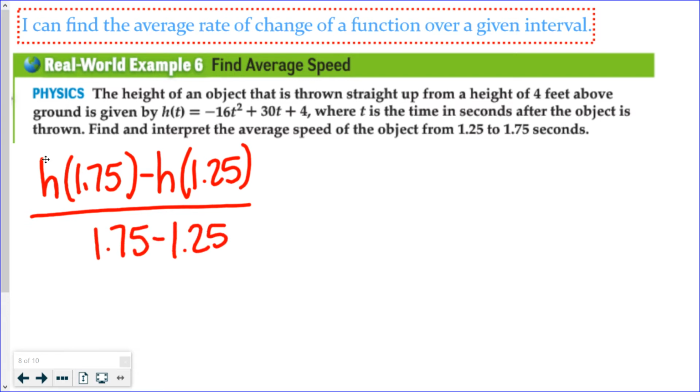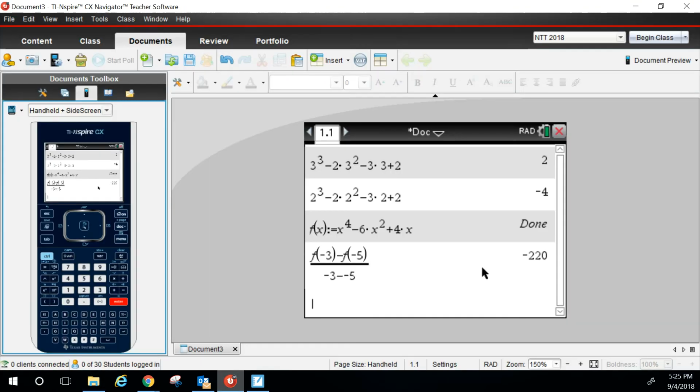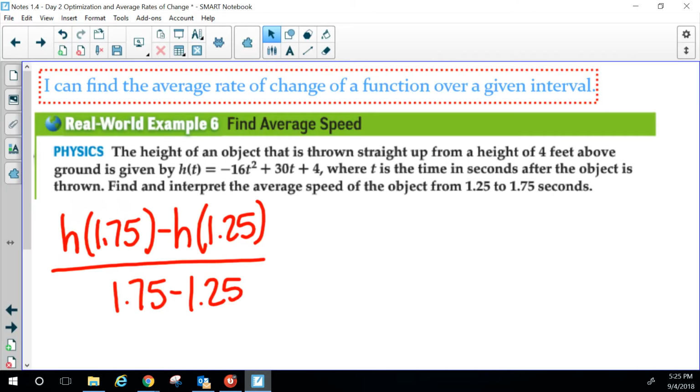So let's go test that calculator trick out again. It's not really a trick, it's just a feature of the calculator. So h of x, or let's make it h of t, see if the calculator will enjoy that. Remember, it's control and the button right next to 9 gives me the semicolon equals. And then what's our function?